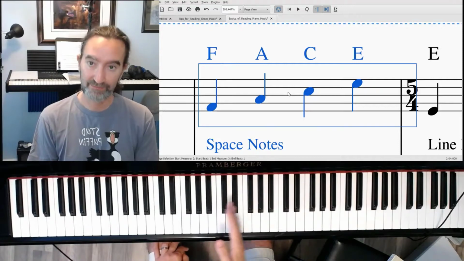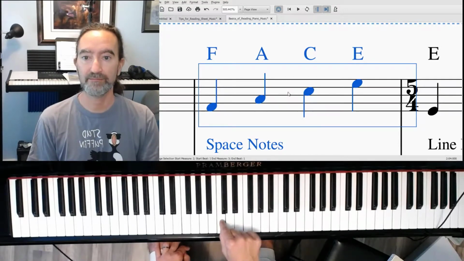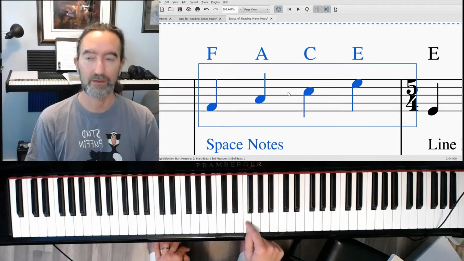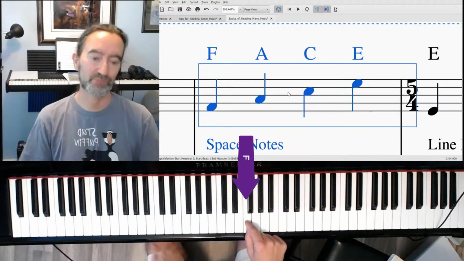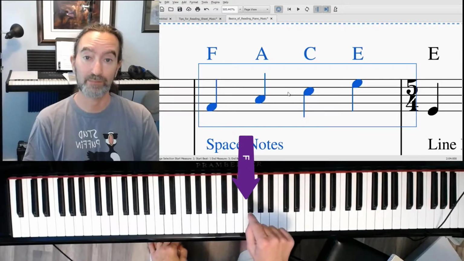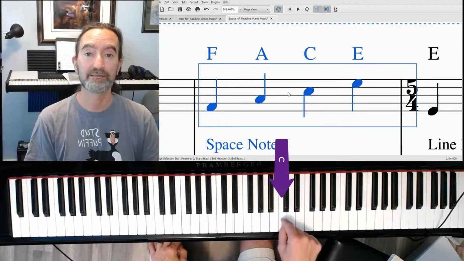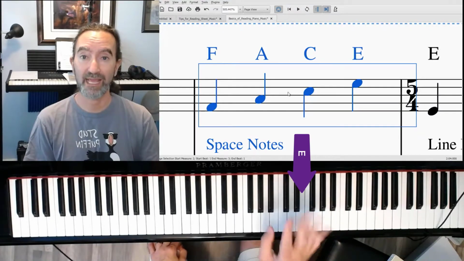So if you still haven't memorized these, again, go back to lesson 2, but you can also say C, D, E, F. Now, here's what we're going to do to remember these. We're not just going to remember that it's face. We're going to take these notes and play them. F, A, C, E. And you're going to say it out loud.